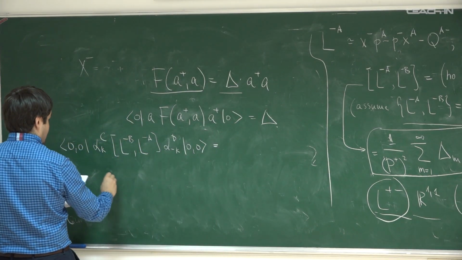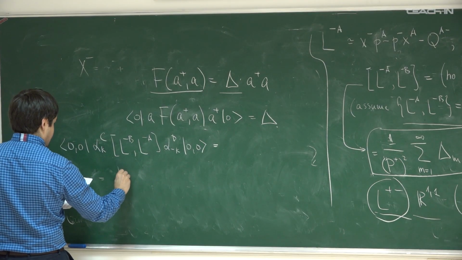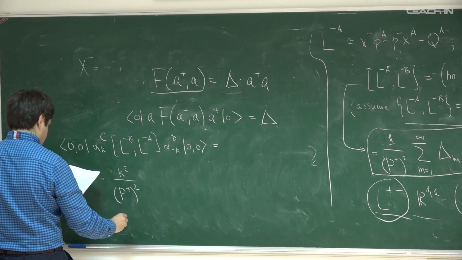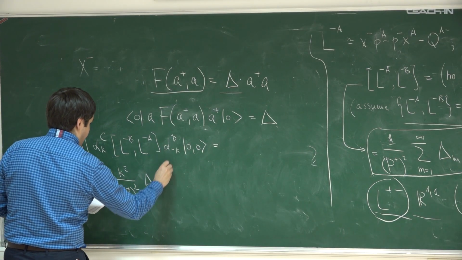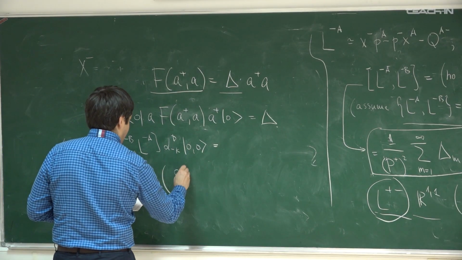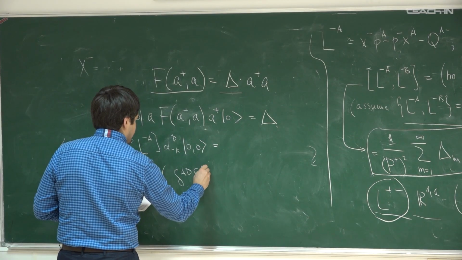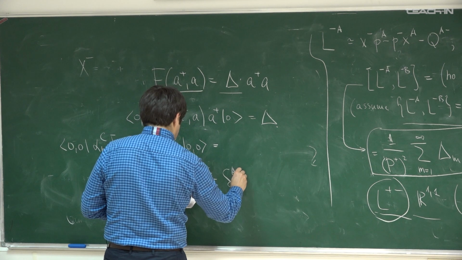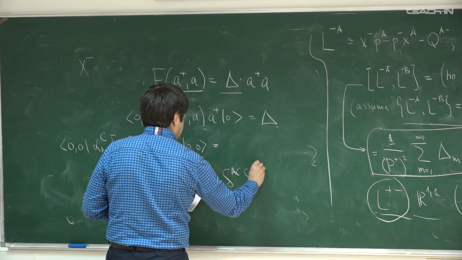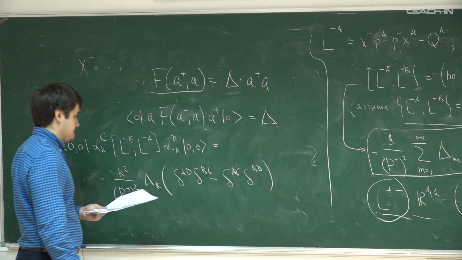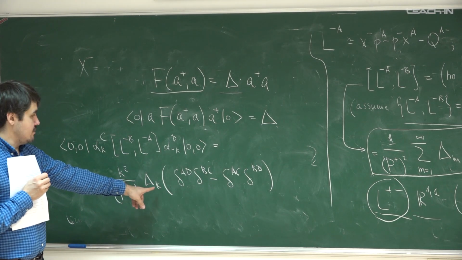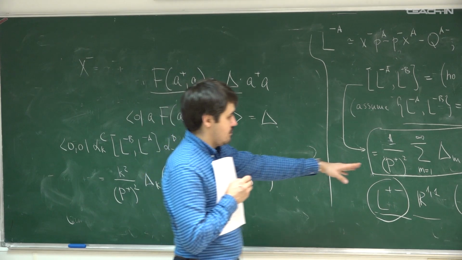And if you plug this into the right-hand side, you get k squared over p plus squared delta k times delta. So this I get by computing the matrix element of this.